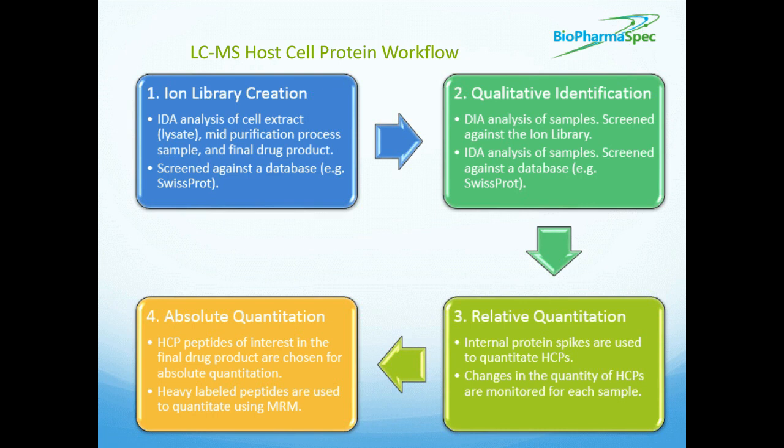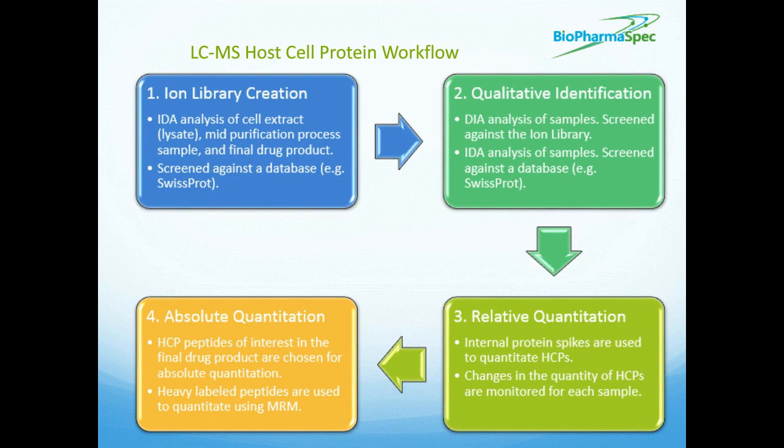After we've completed the qualitative identification and the relative quantitation, we'll choose ideal proteins or peptides to move on to our next step, which is absolute quantitation. For the absolute quantitation, we use heavy labeled peptides to quantitate using a multiple reaction monitoring technique. So we'll discuss all of these in the next few slides.